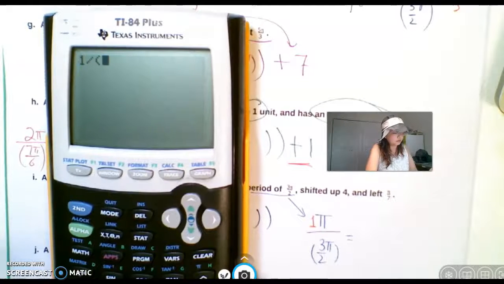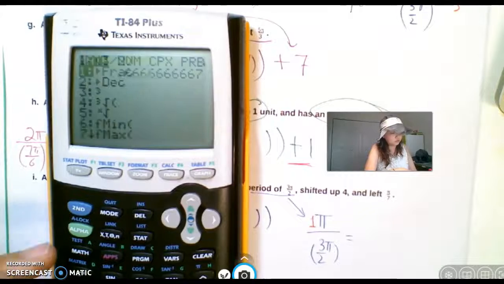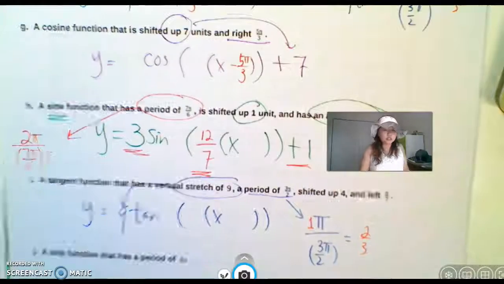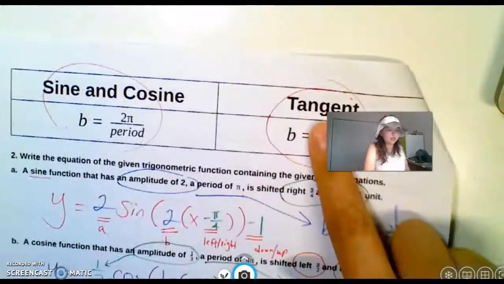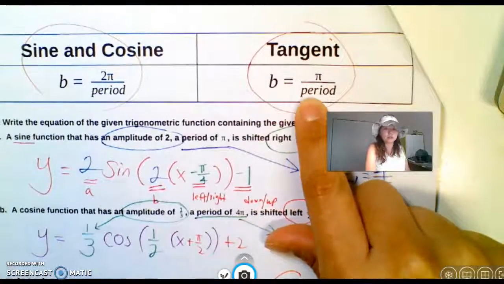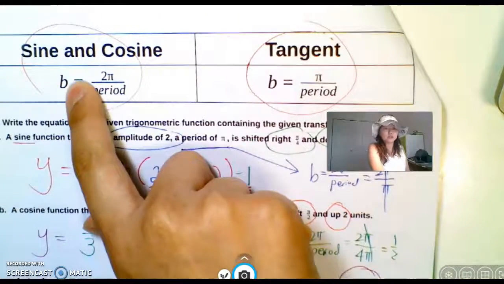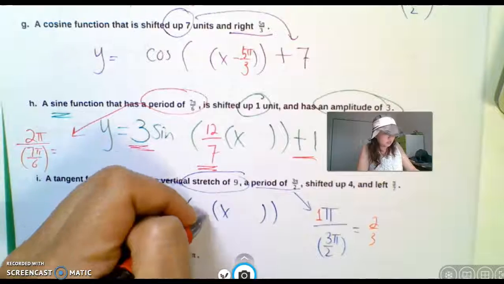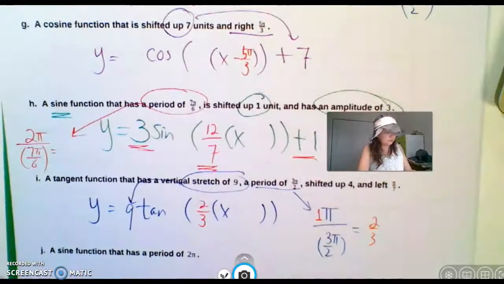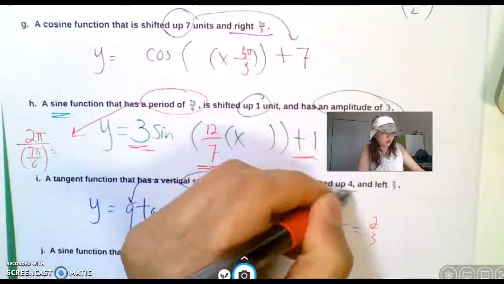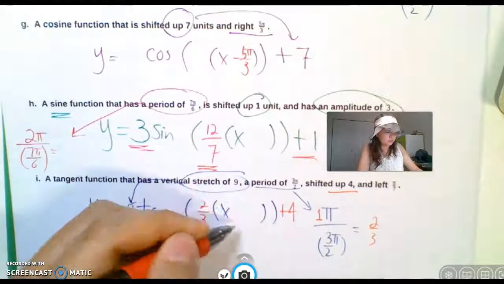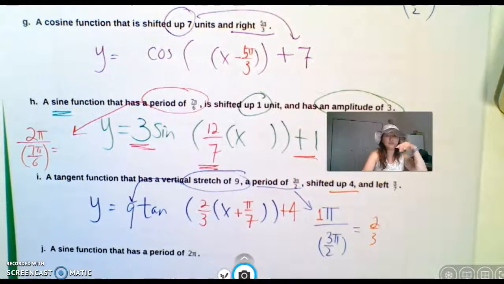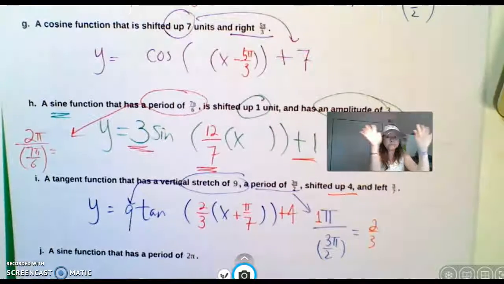But you get to use your notes, so I'm sorry, you have no excuse on how hard this is. If you're doing tangent, B is pi over period. If you're doing sine or cosine, B is 2 pi over period. You can really just fill in the blanks. Up 4, left, so it's plus pi over 7. There you have it. I think that was enough. Bye.